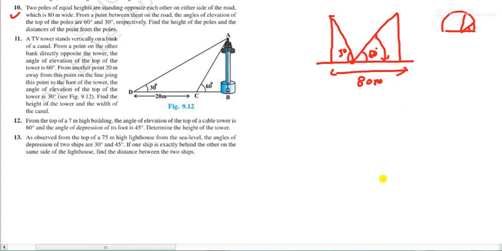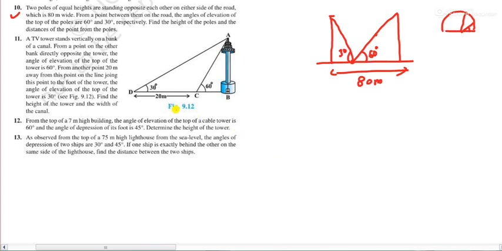Based on your analysis, you can take either 30 here or 60 here. Common sense will tell you that, so let us not go deep into that. 30 here, 60 here, not a problem.